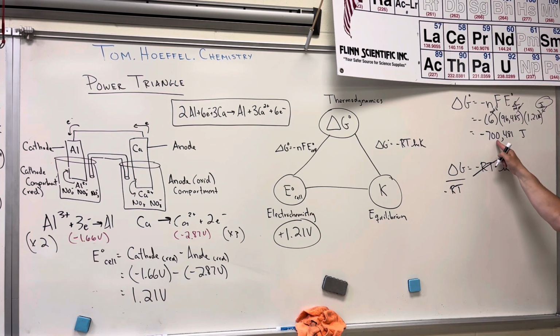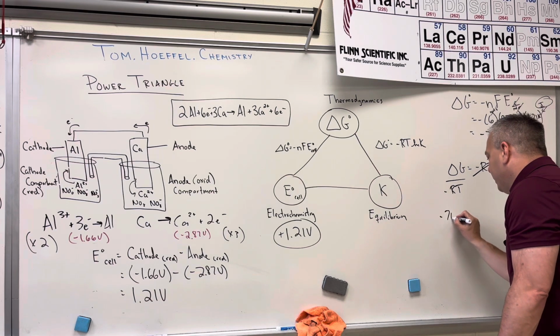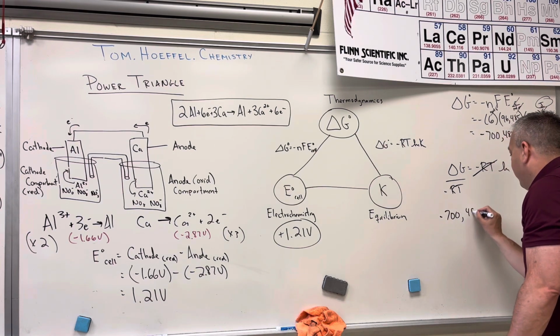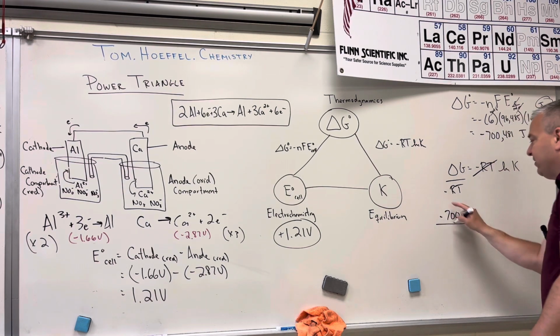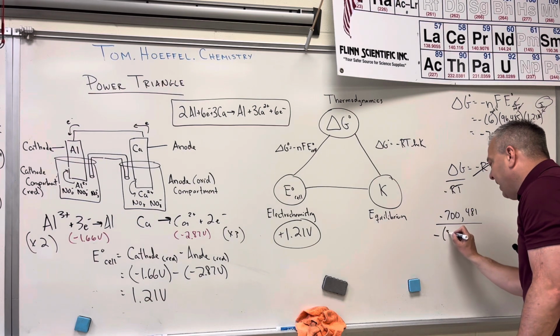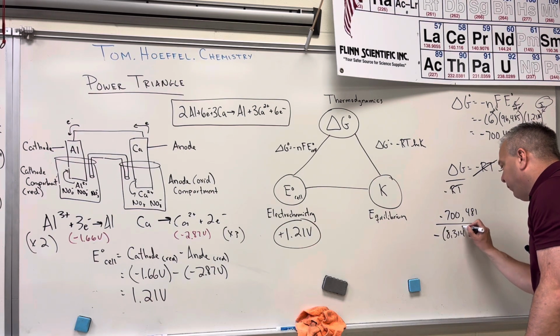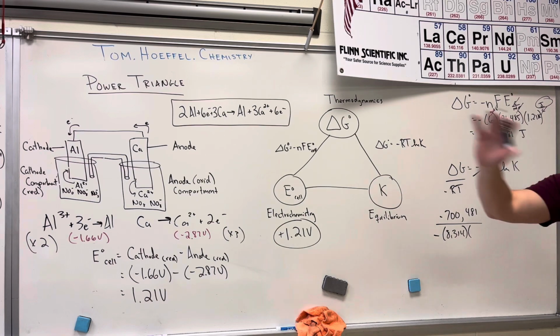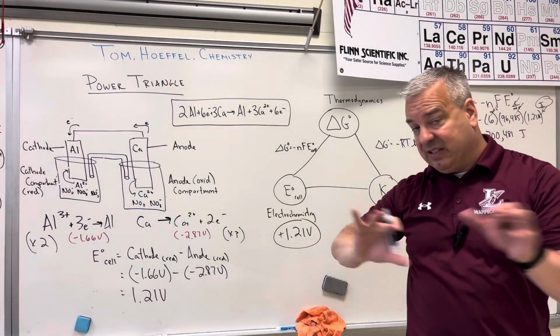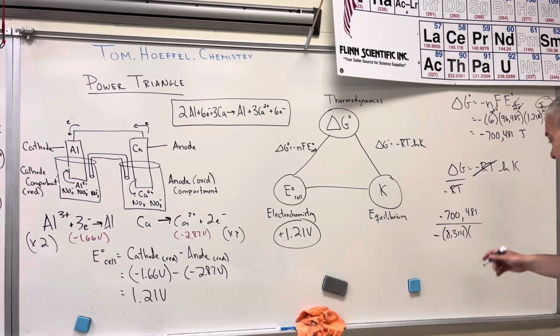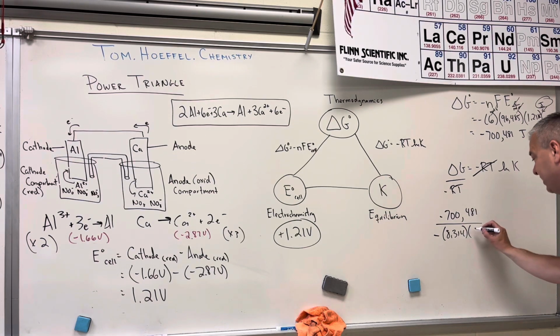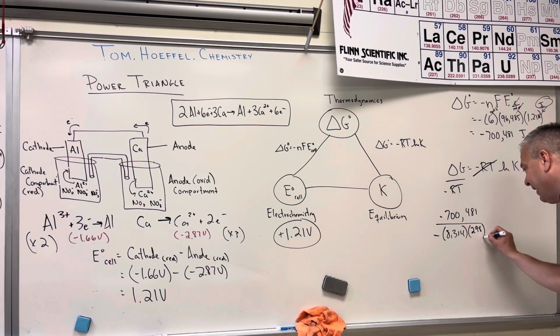I'm going to plug in my delta G as negative 700,481, all over negative 8.314 for the R. And the temperature, we're going to say, is room temperature, which is a standard condition. At 25 degrees Celsius, that means it's 298 Kelvin.